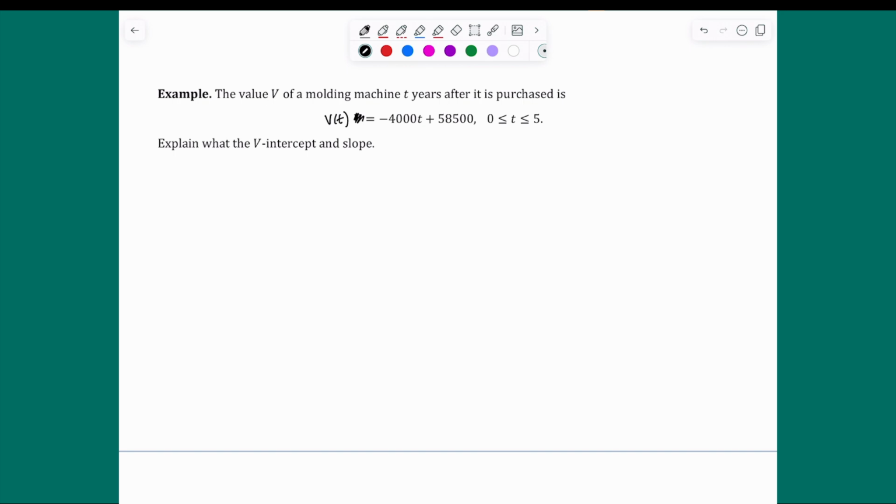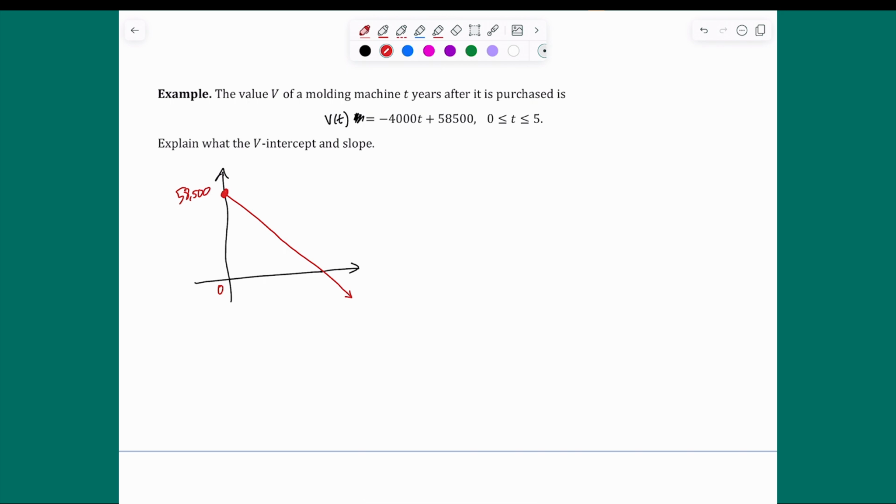Well, the V-intercept, if we would graph this, we probably would see something like this here, and at an input of 0, we'll get the value 58,500, and it has a negative slope, so it's going to start looking like this somewhere.